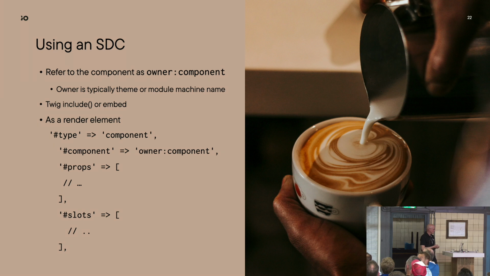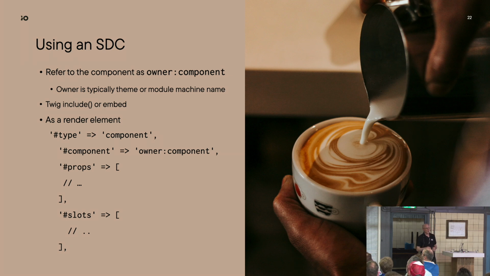Okay, so if you were to use an SDC, you always refer to it with owner:component name. And the owner can be either your theme, in most cases, or it can be a module. You can do it with twig include or embed. Or you can actually do it as a render element.